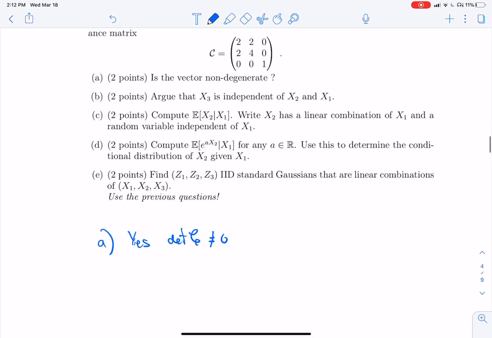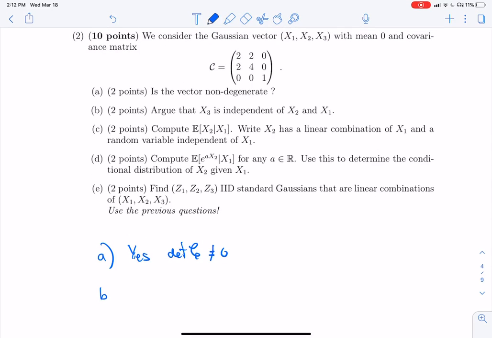B, argue that x3 is independent of x2 and x1. This is because x1, x2, x3 are jointly Gaussian, and so you have the Gaussian miracle. We use the miracle. We only have to compute the covariance.